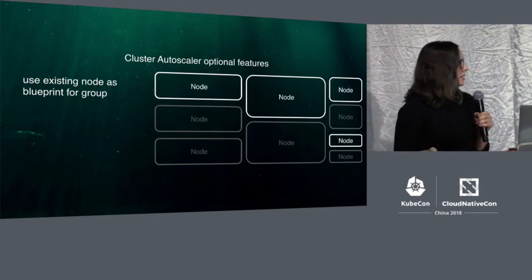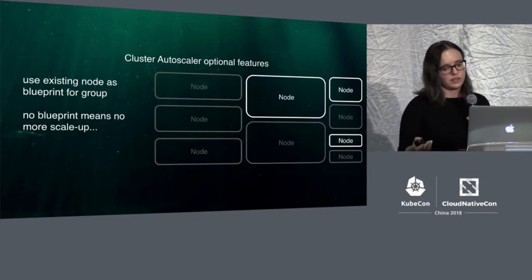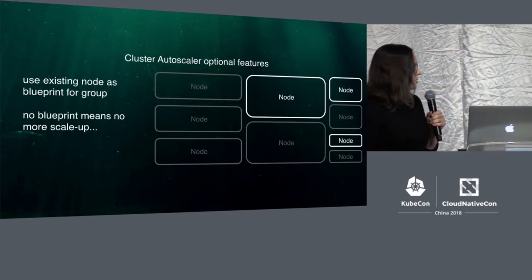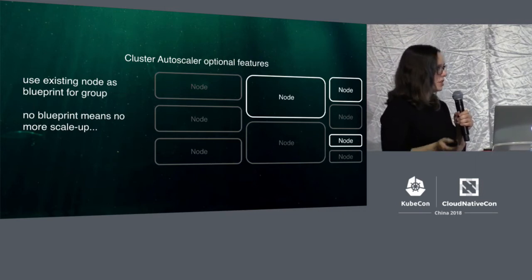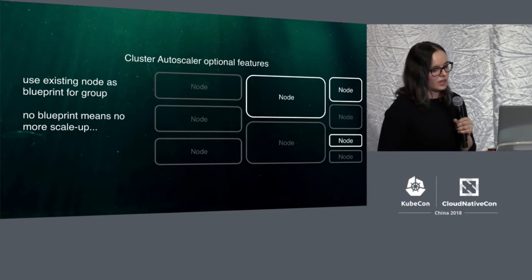It works very well, except when you really want to delete the last node of that group. For example, it is a GPU node and it's only useful when the batch job is running. Or for some other reason, you have expensive nodes that you really want to scale down to 0 instances in that group.